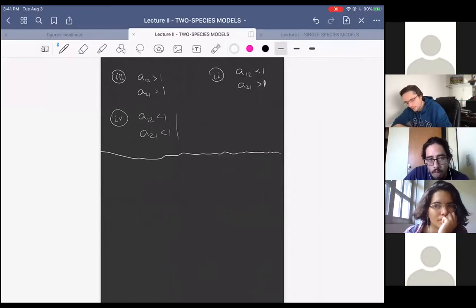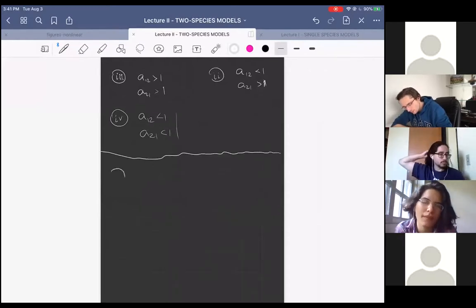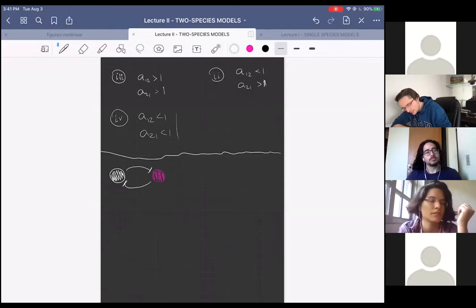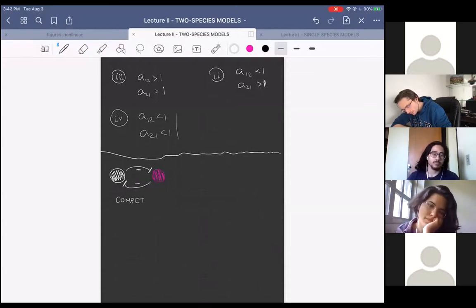Remember that we started the lecture today by saying that we were going to study a species white, or species 1, and species pink, species 2, and we said that we were going to use this kind of, I don't know if network-like, but at least in terms of nodes and links representation. And they were inhibiting each other. We said that this was going to be a competitive interaction.